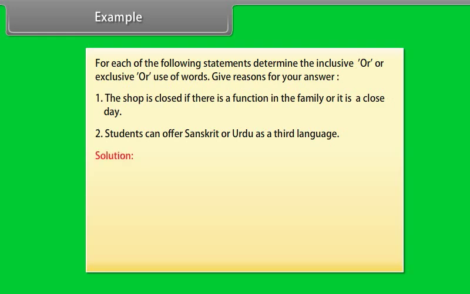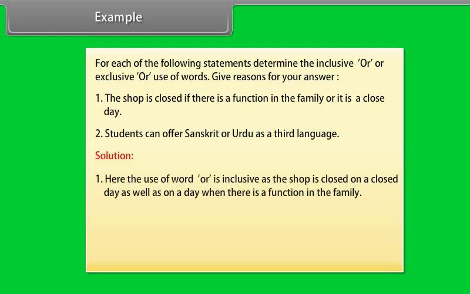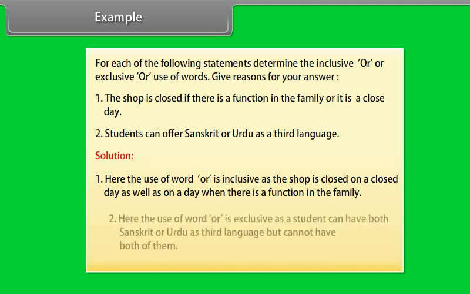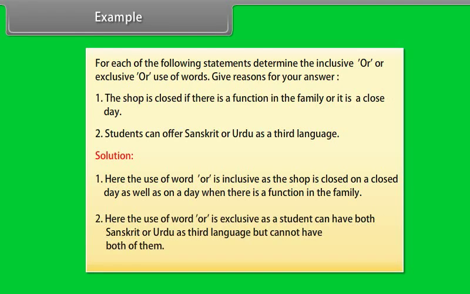Solution: 1. Here the use of the word "or" is inclusive as the shop is closed on a closed day as well as on a day when there is a function in the family. 2. Here the use of the word "or" is exclusive as the student can have either Sanskrit or Urdu as a third language but cannot have both of them.